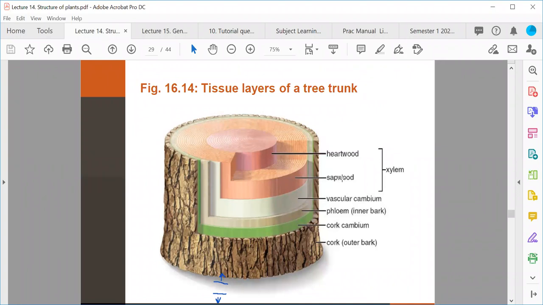And sapwood actually consists of functional xylem. Then the center of the actual trunk is called heartwood. And heartwood was previously functional xylem, but now the xylem vessels have all been impregnated with oils and resins and so on, and it's no longer functional.